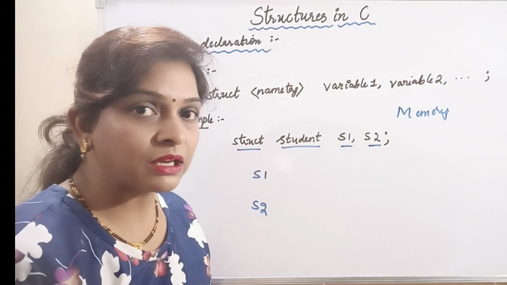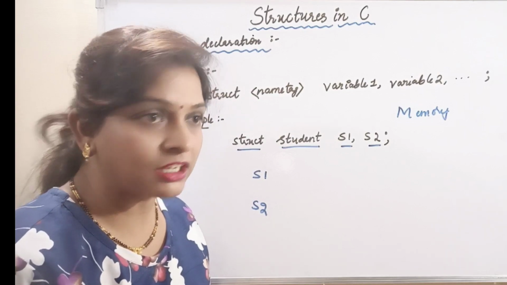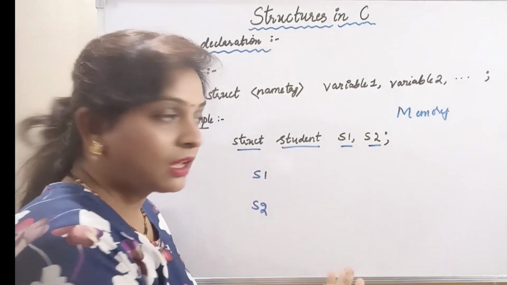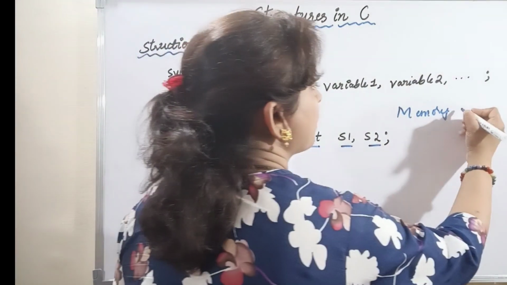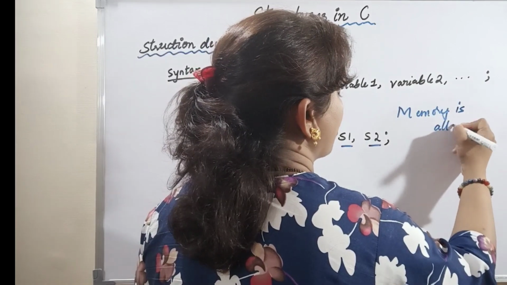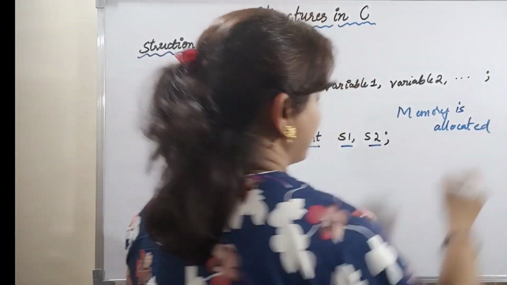When we do the variable declaration, obviously memory will be allocated. So my new data type is student and I am creating the variables of that, S1 and S2. So now memory is allocated for this. How is the memory allocated?